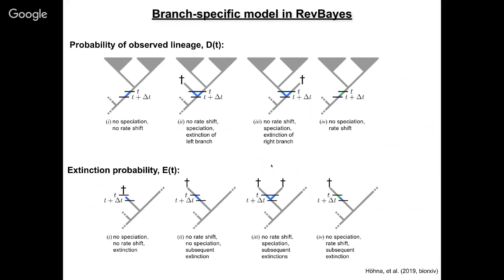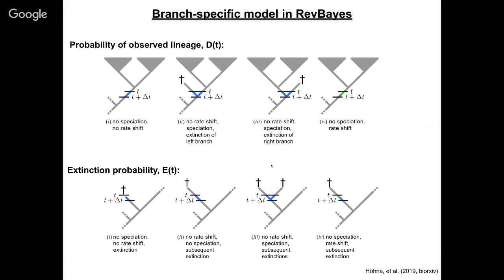And it's also quite important that we are extending our extinction probabilities in the same way. We start with the first scenario, that the lineage could have gone extinct in that small time interval, or it could have been that there was no rate shift event, no speciation event, and no extinction event, and then there was a subsequent extinction.